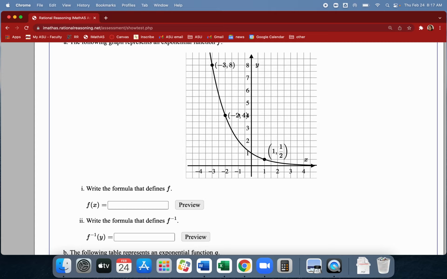You can think of this as being the same as x equals log base 1/2 of y. The same as I could think of this as being y equals 1/2 to the x. So these two are two different ways to write the same thing. Notation-wise, we've been using function notation, f of x equals something.